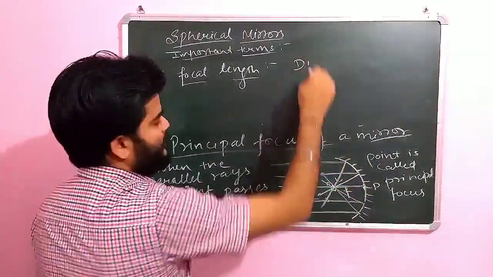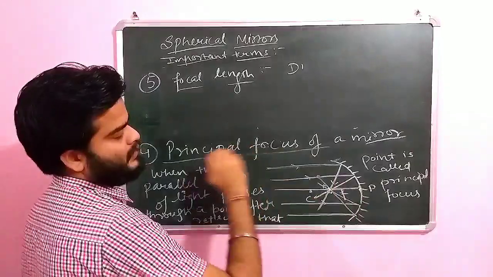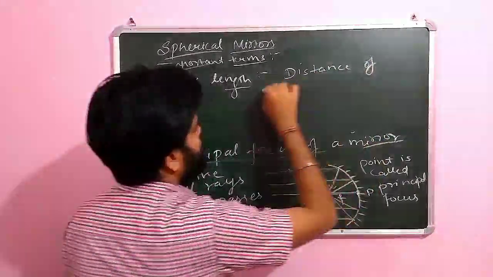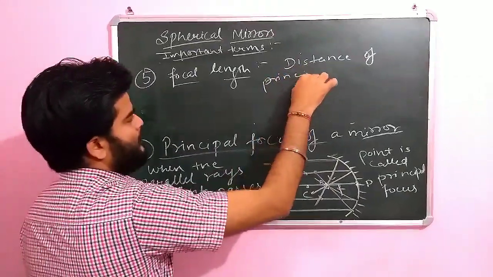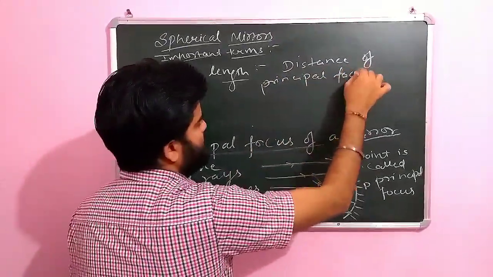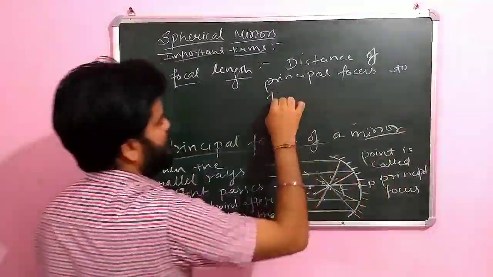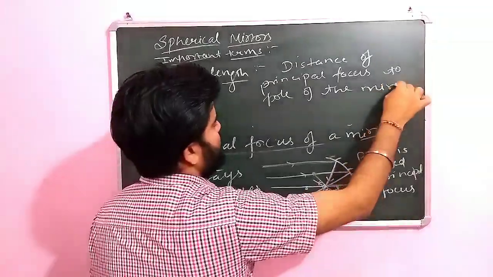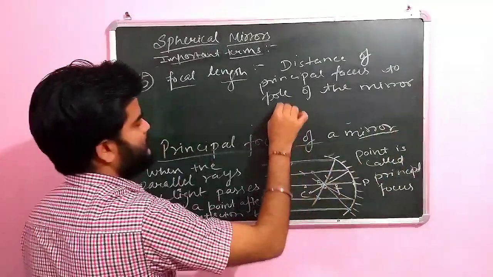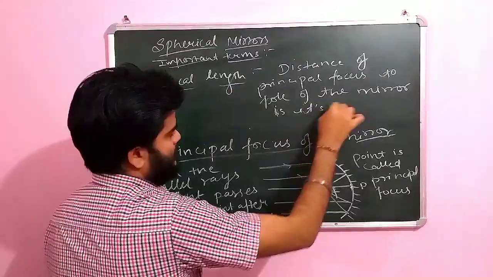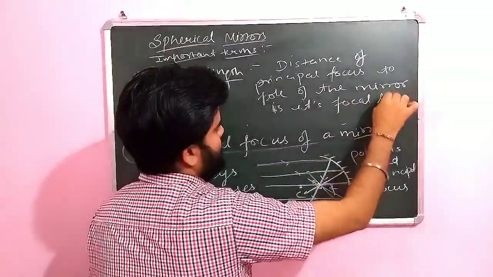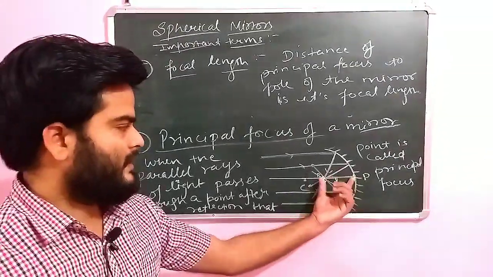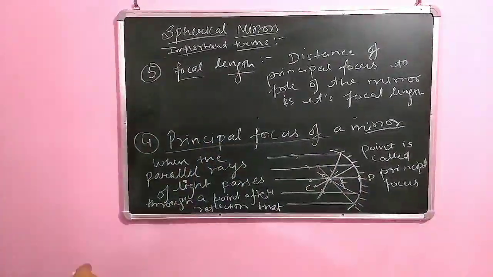So you can write from distance F to C or from distance F to P. So the distance of principal focus to pole of the mirror is its focal length. It means from F to P the distance will be its focal length.